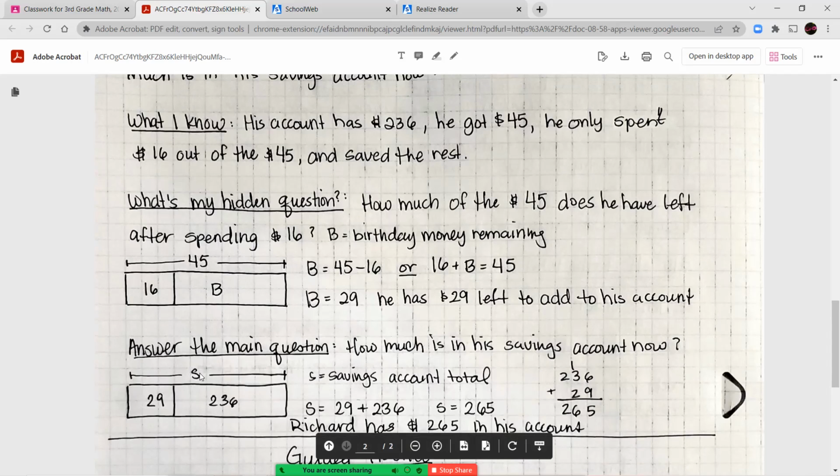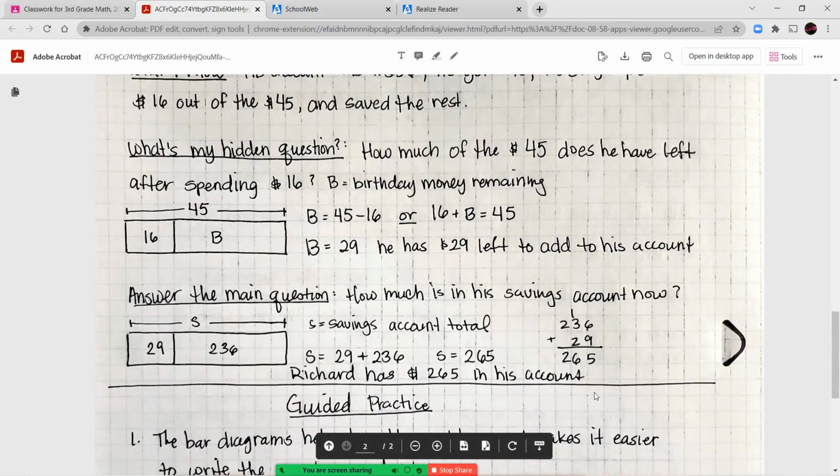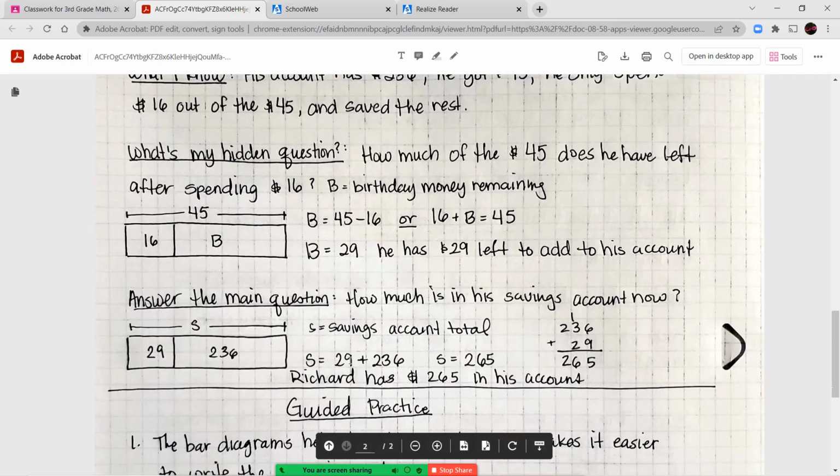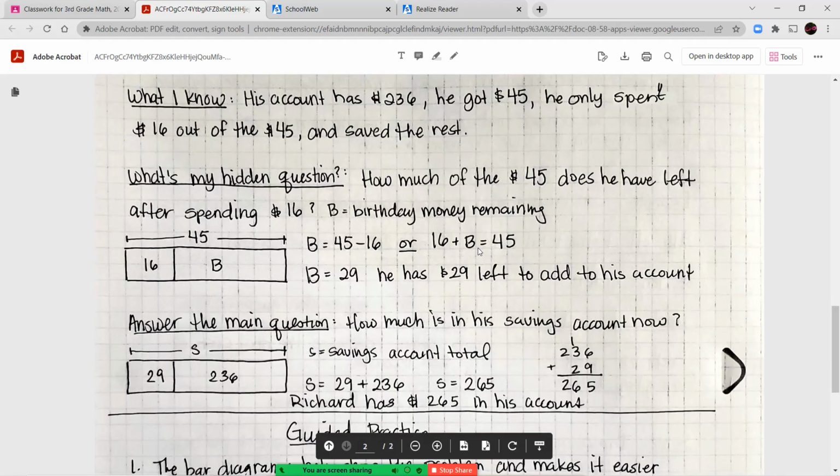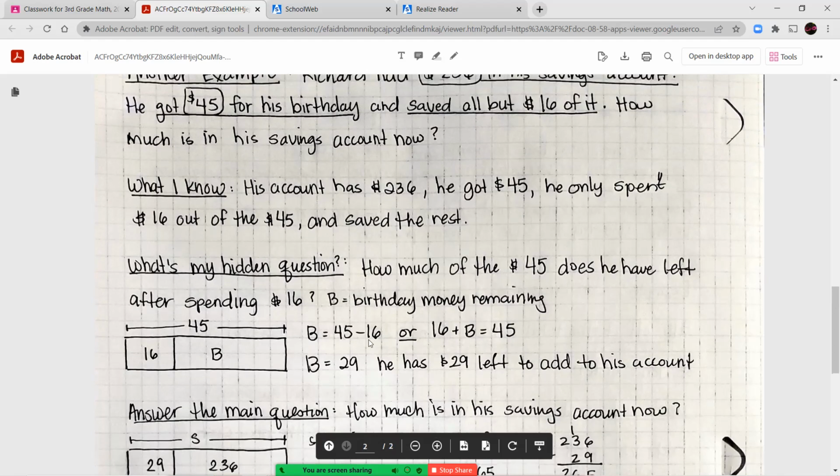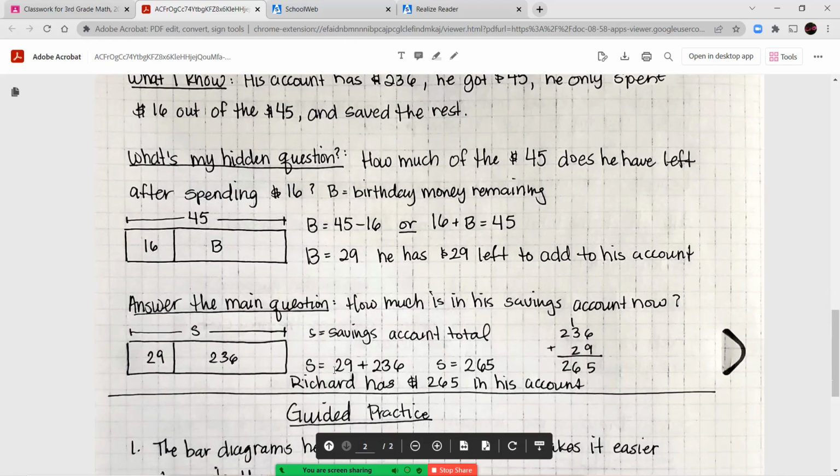So his savings account now has the $29 plus the $236 that was already there. So S is equal to 29 plus 236. When I add those together, I get 265. So Richard has $265 in his savings account now. So you see, we had to answer the hidden question first before we were able to answer the main question.